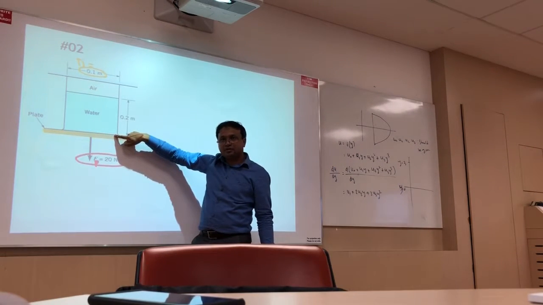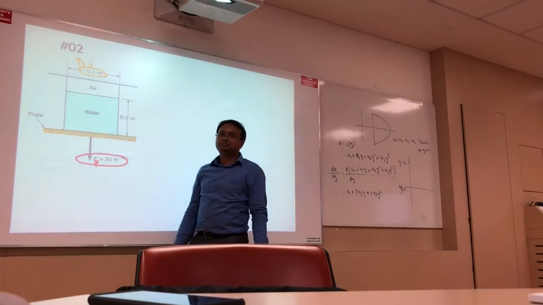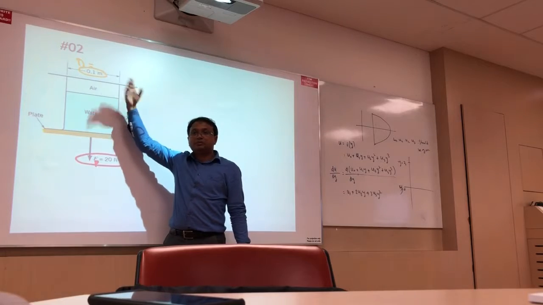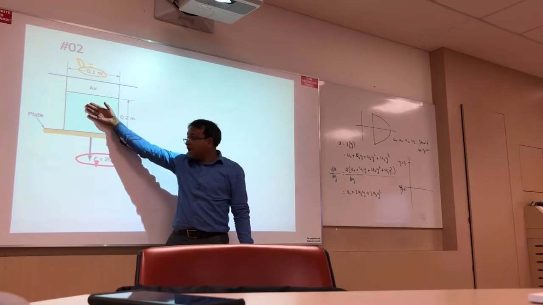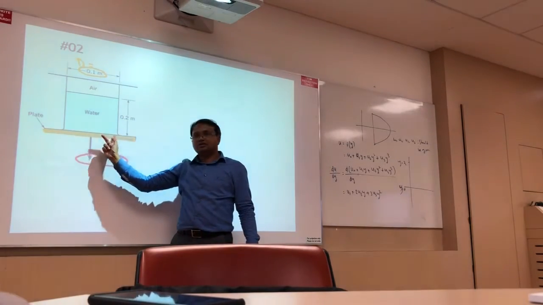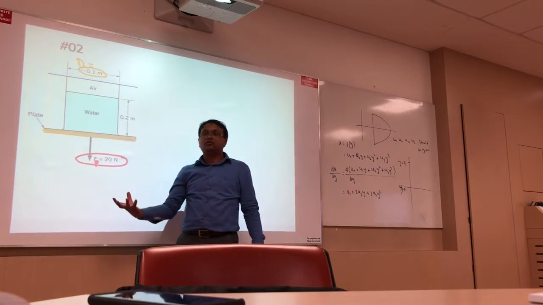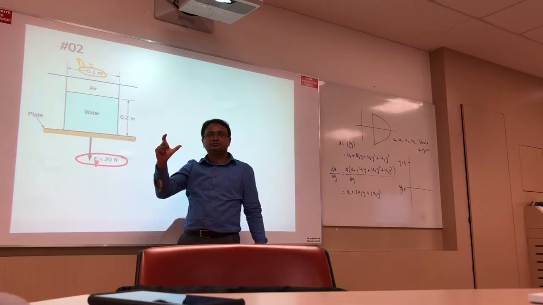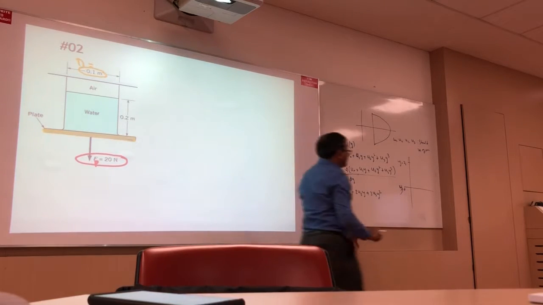Alright, so what is the magnitude? Rho g h plus air pressure. So this pressure plus this pressure, times the area, gives the total force acted by the water and air together. So what can I write here?